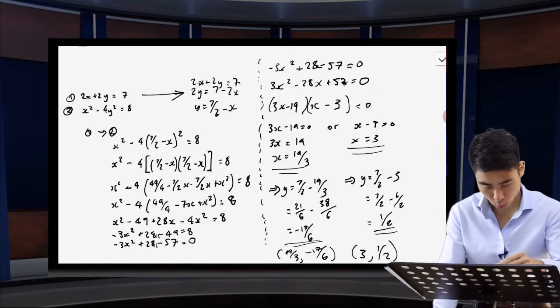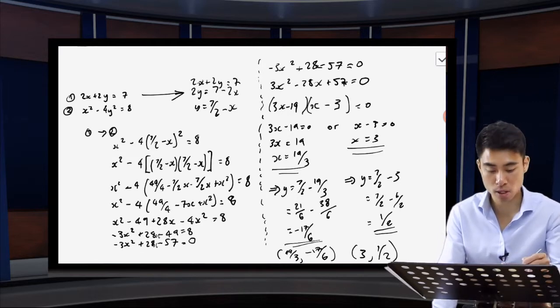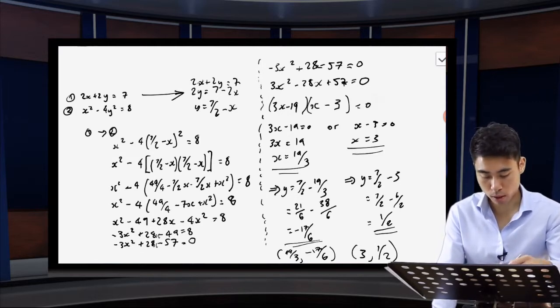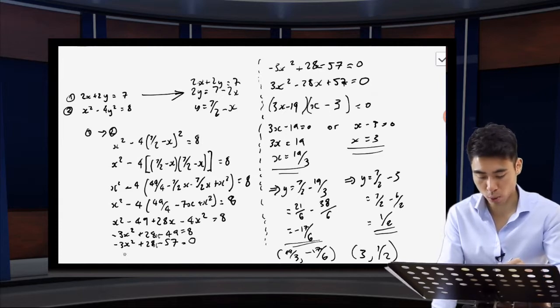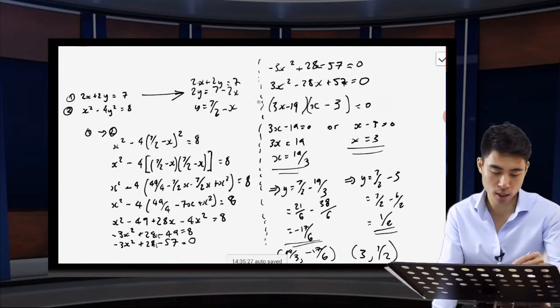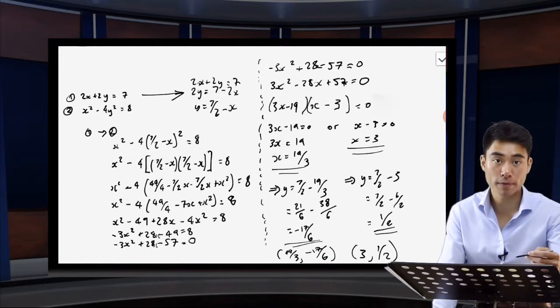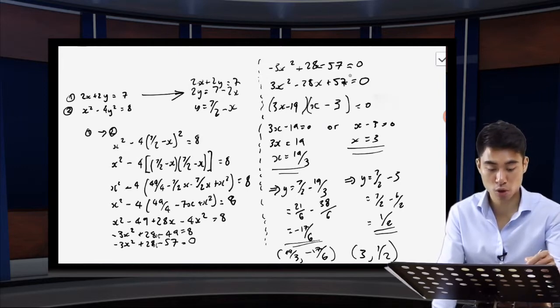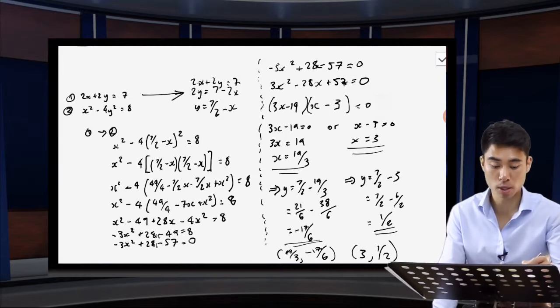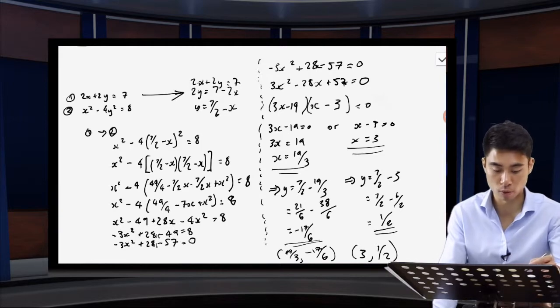But once you get to this stage here, just remember that you need to obtain a quadratic equation here, and then solving your quadratic equation, if you're struggling to factorise what seems to be quite a difficult quadratic, as was the case here, then it's also possible to use the quadratic formula to obtain your values of x or your values of y. You're going to get to exactly the same result.